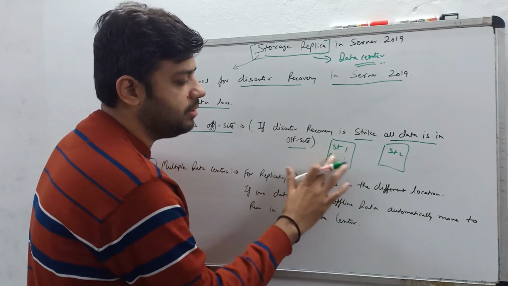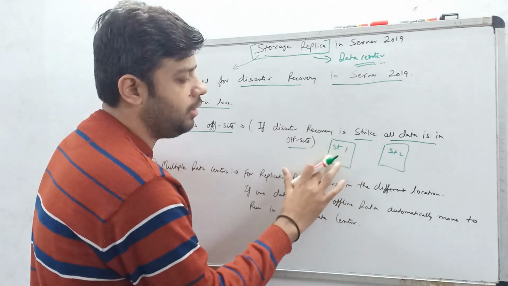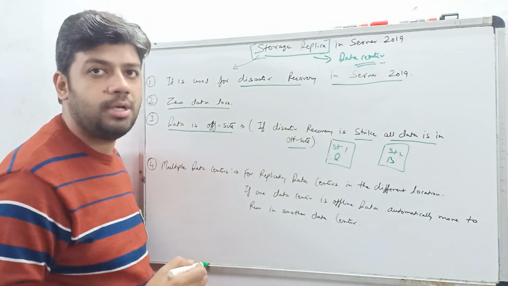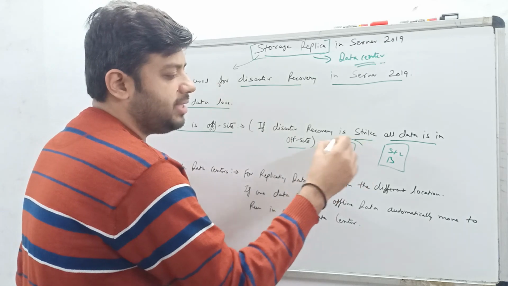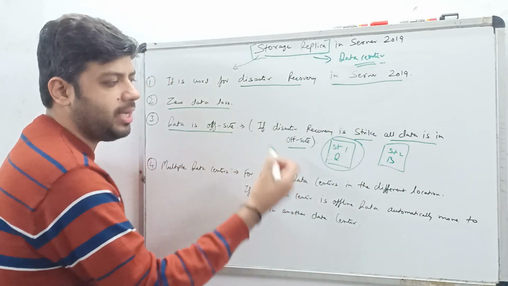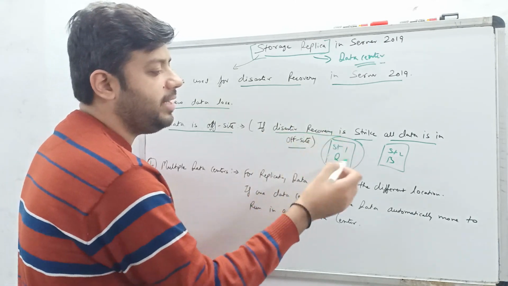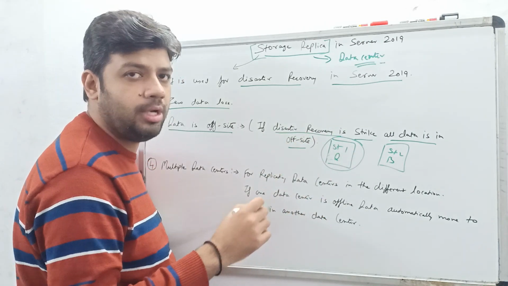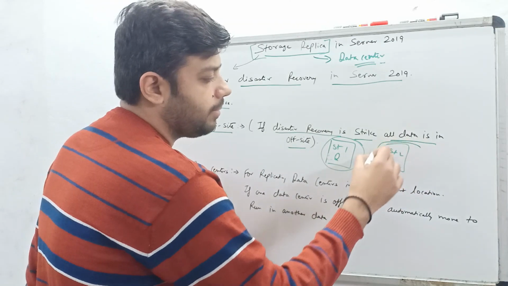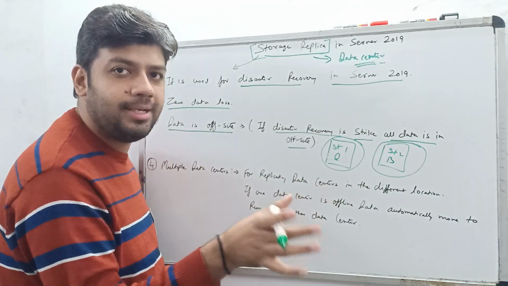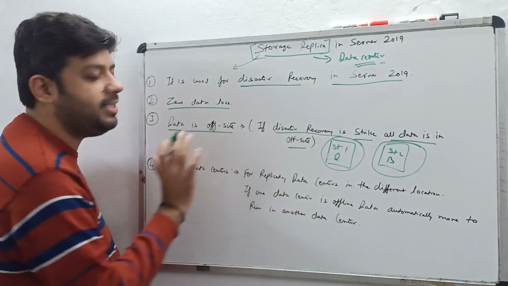Imagine we have two locations, the Delhi location and the Bangalore location. Right now this storage is active, and all the users are able to access it. Now, what happens if a disaster occurs, or there are any issues in this storage? This is my offsite storage. It automatically becomes active and gives you all the data. So this is the offsite storage.